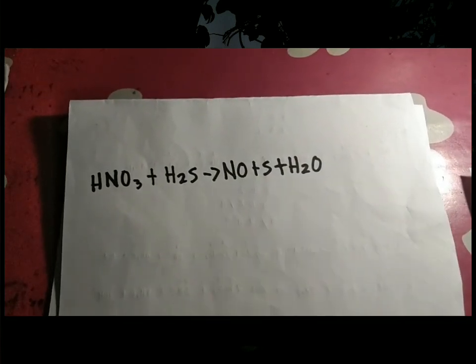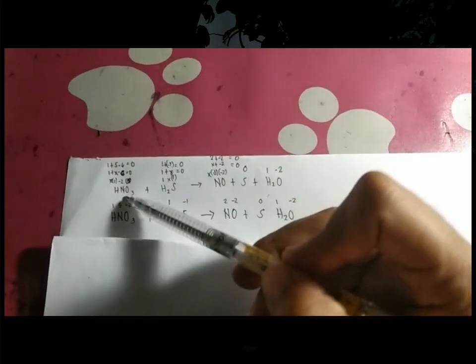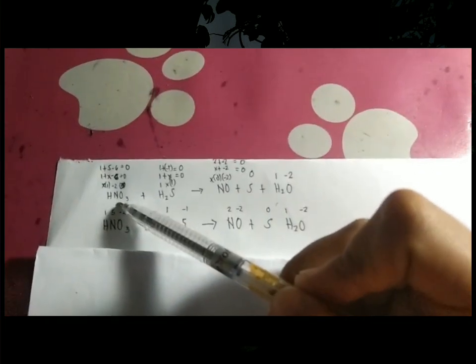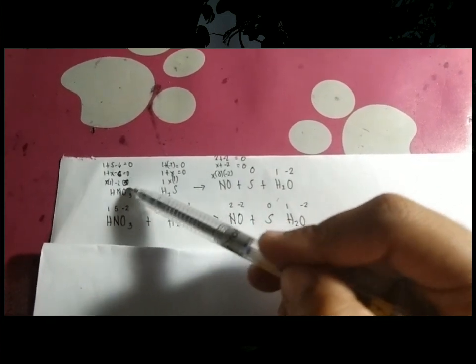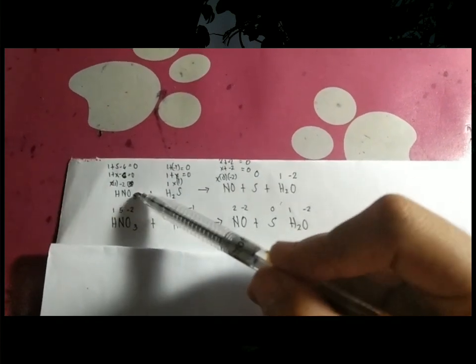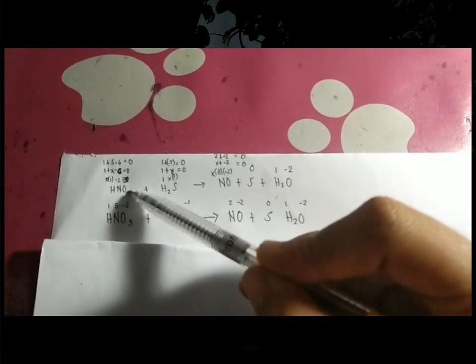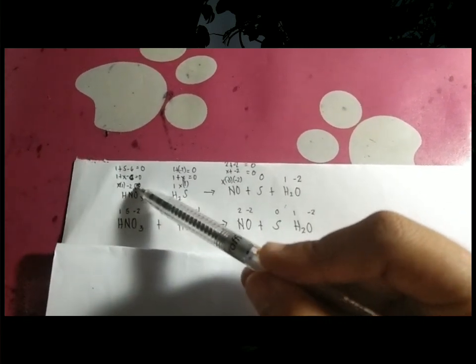So now I have here a solved equation. In HNO3 we have a 3 here because oxygen has 3 atoms.